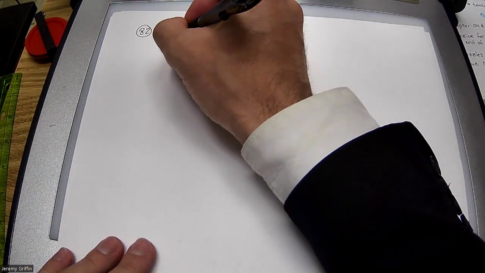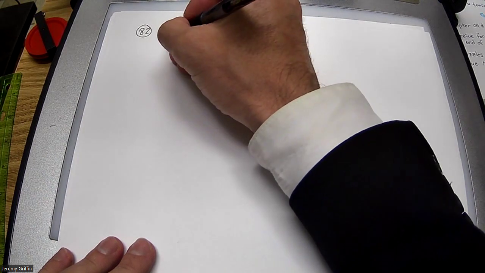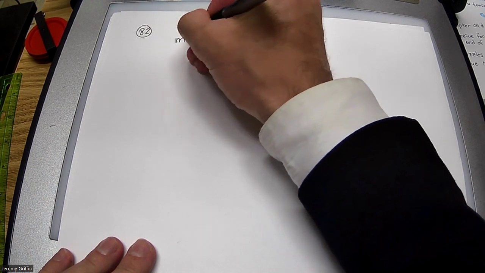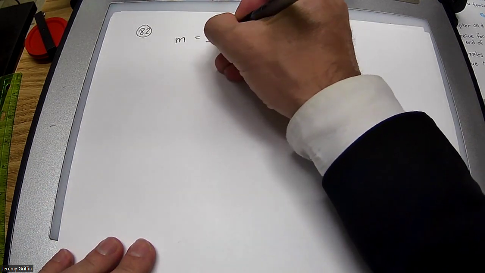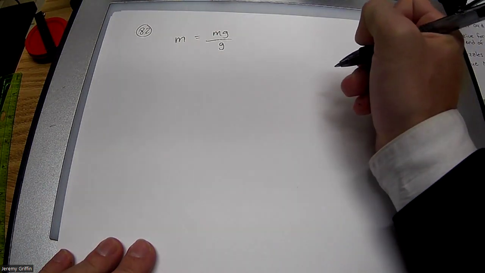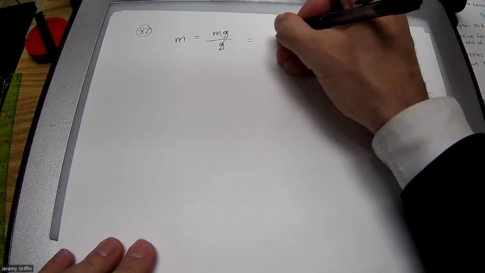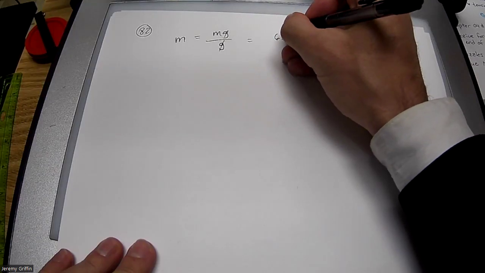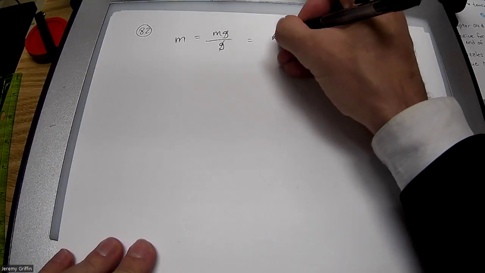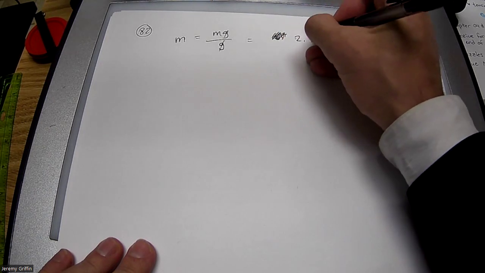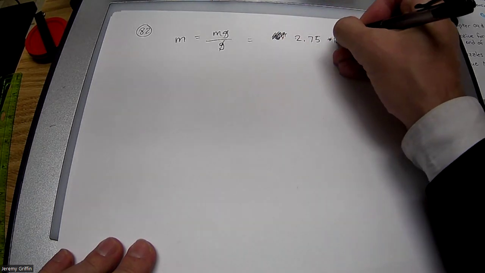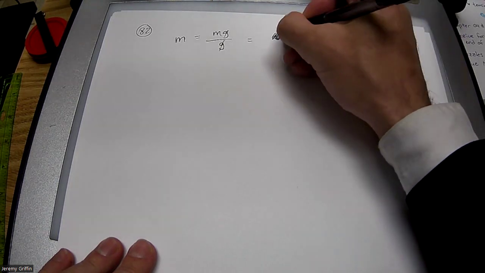I got this jet plane accelerating. Here, I'll just start writing some stuff down. Well, let's figure out the mass first. Is mass just equal to the weight divided by the gravity field? Can we do that? Right. So let's take the weight, which was 2.75 million newtons.